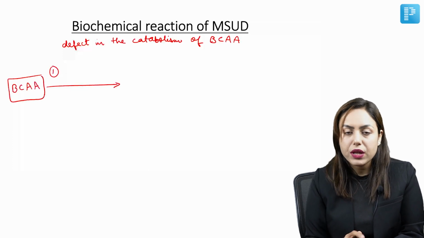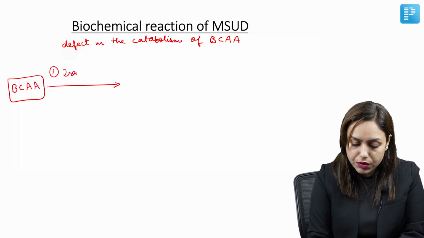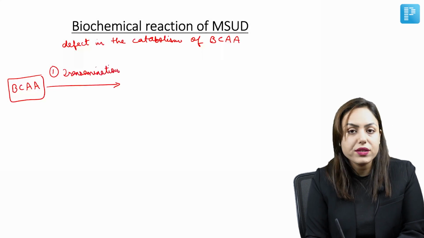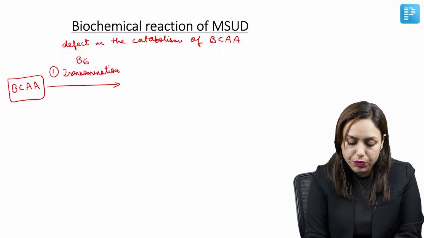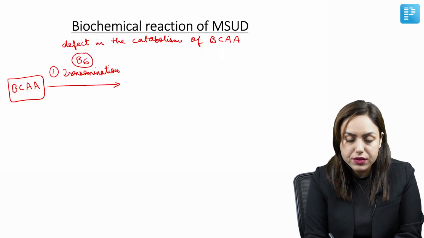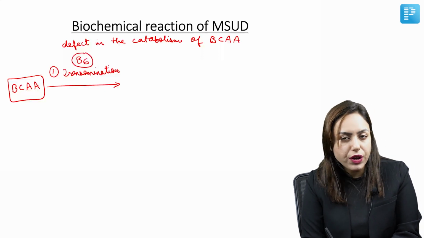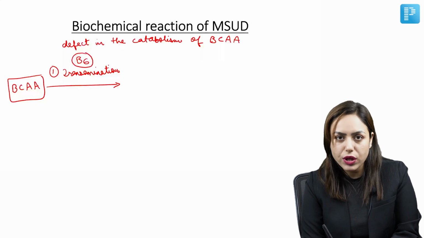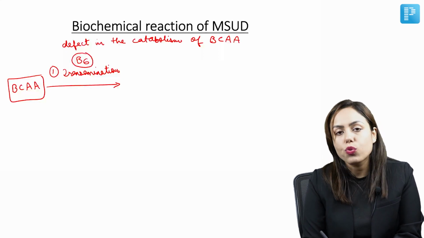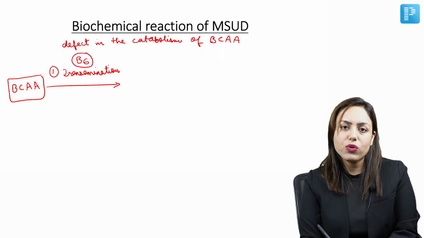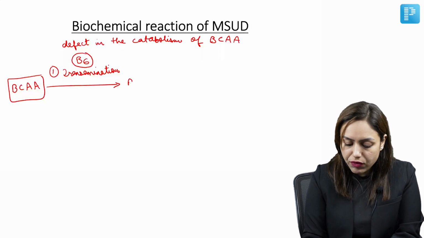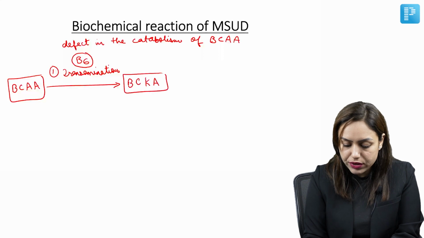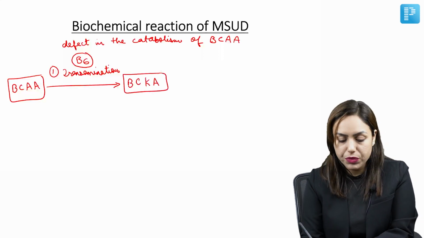We all know that the first step in catabolism is transamination, which requires vitamin B6. These are reversible reactions, right? From the amino acid, the amino group will be removed and we will be left with a branch chain keto acid. This is the first step.